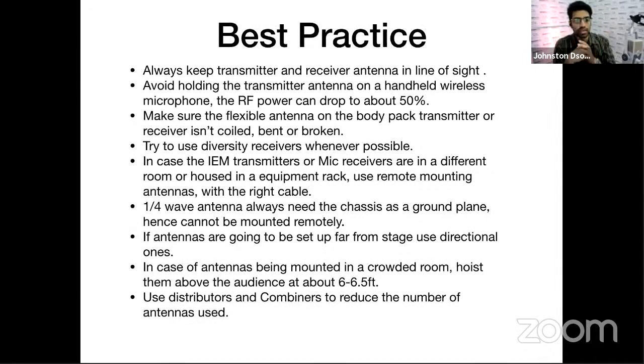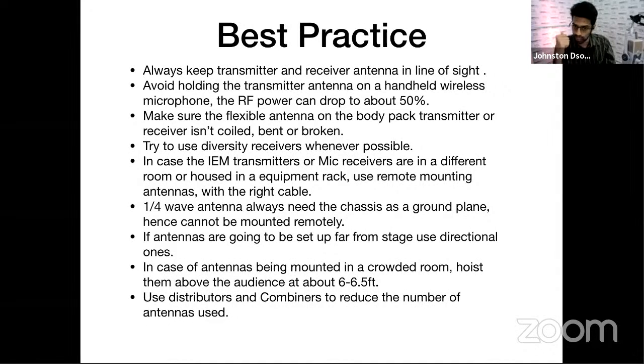In case you have IEM transmitters or mic receivers in a different room, for example, if you're doing an install at a venue or in an office, and for some reason you have to put your transmitters and receivers inside a mic closet or an equipment room, then make sure that you use remotely mountable antennas, and you mount the antennas in the room where the wireless devices are going to be used.